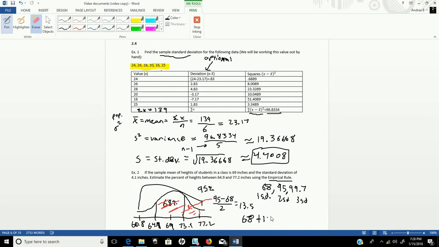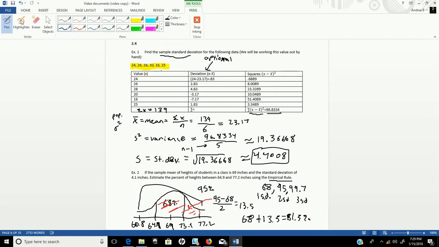So if we do 68 plus the 13.5, for your final answer here, looks like we should get 81.5%.